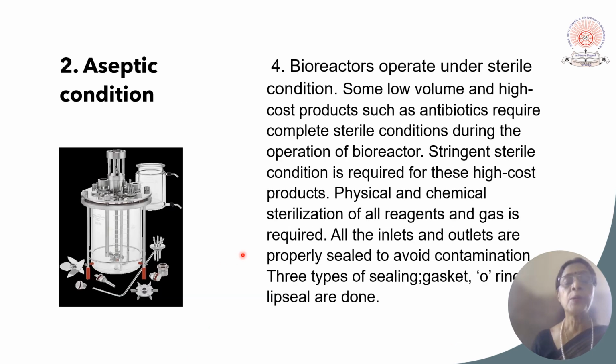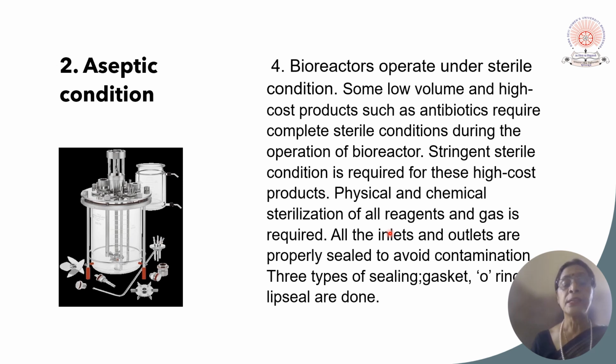The second important consideration is the aseptic condition, or maintenance of sterile condition, during the operation of the bioreactor. For certain products like antibiotics, very stringent sterile condition is required. These are high cost and low volume products. Physical and chemical sterilizing agents are used.